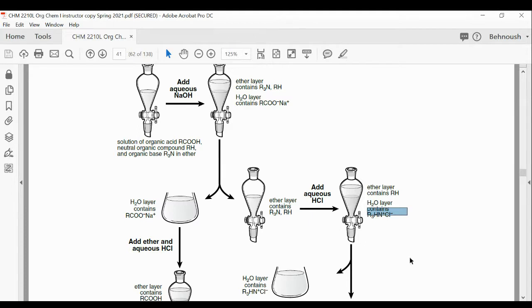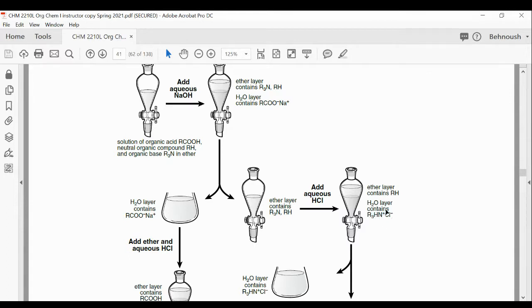Now to this solution, because you separated it, but you now have to recover it. If you add sodium hydroxide, it would remove the Cl, and you're going to gain back and remove the H plus, basically the H plus is removed from the salt.